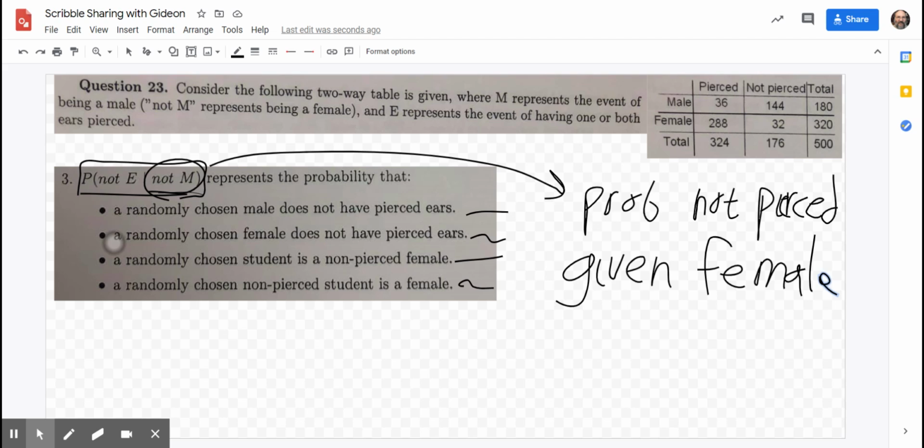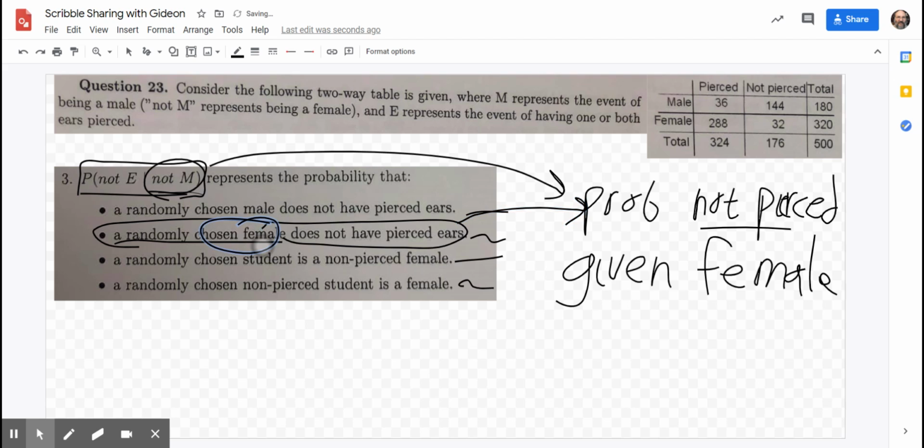Randomly chosen female, okay, that's good. Randomly chosen student, randomly chosen male, randomly chosen non-pierced. This is the only one that has the capacity to be the answer. Let's just double check. Is it actually asking the probability of being not pierced? Does not have pierced ears. So we get a perfect match here. Not pierced ears is the question, and then randomly chosen female.